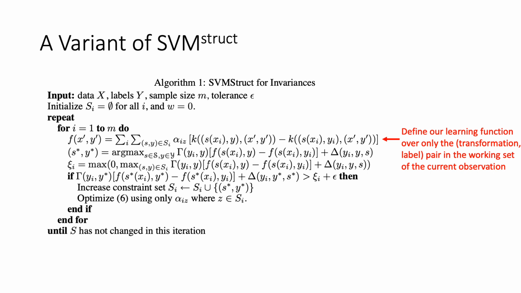So this is that nice form of f of x that we just got from solving the dual program. It is the Lagrange multiplier times the difference of the kernel functions. The one big difference here from the formula that we presented earlier is that for the sum over the SY pairs, you actually only consider the SY pairs that are in the current working constraint set of the current observation.